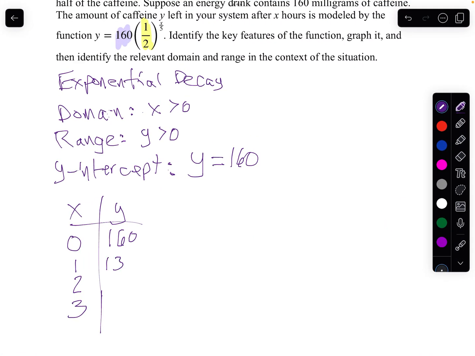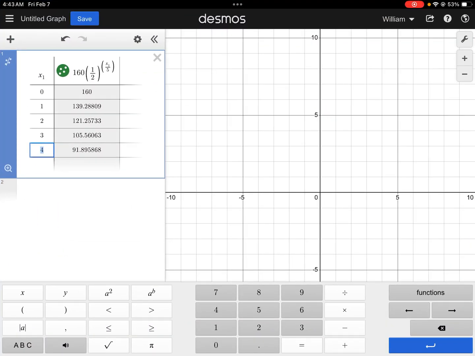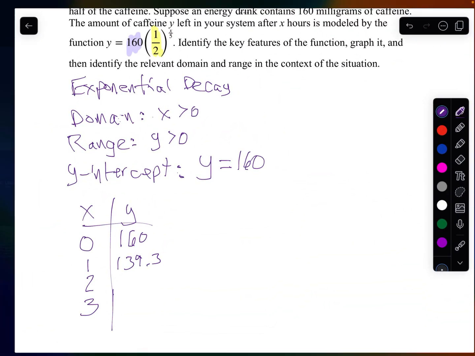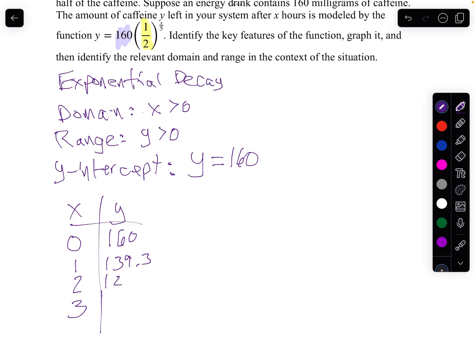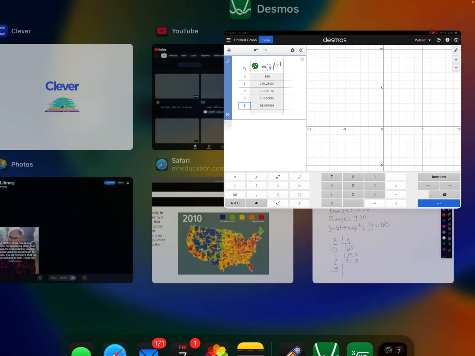After 2 hours, it's going to be 121.3. After 3 hours, it's going to be 105.6.